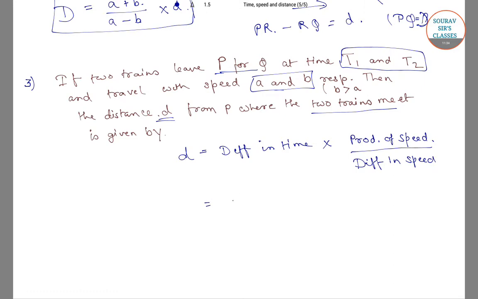This is equal to T2 minus T1 into A into B divided by B minus A, where B is greater than A and T2 is greater than T1.